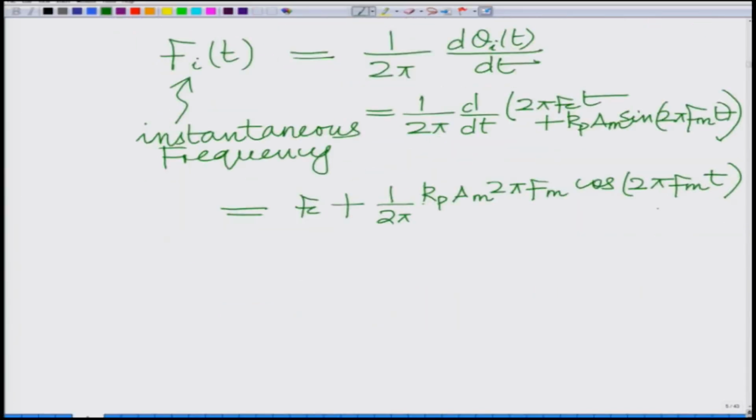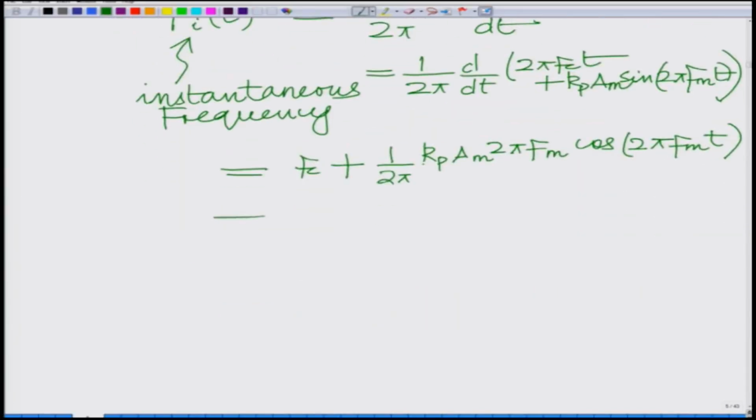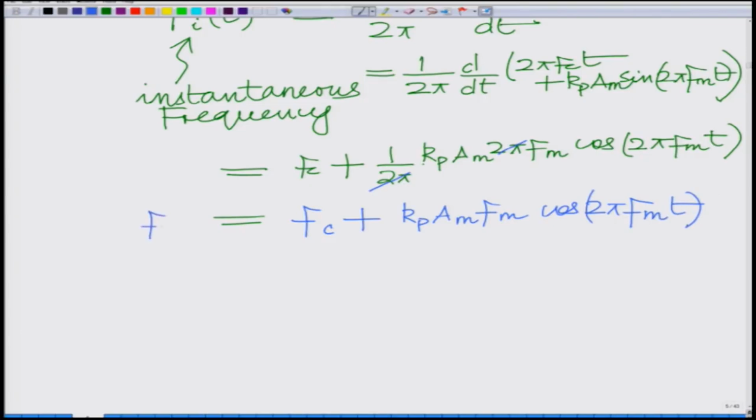2 pi f_m t. Now basically this can be simplified further as f_c plus, with the 2 pi's cancelling, k_p A_m f_m into cosine 2 pi f_m t. This is the instantaneous frequency.